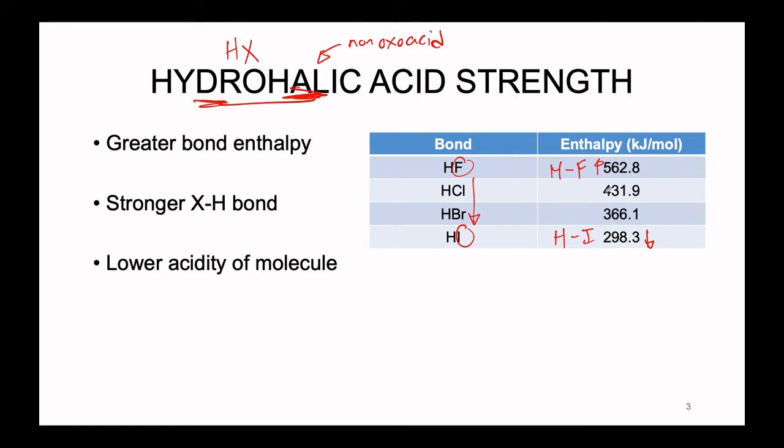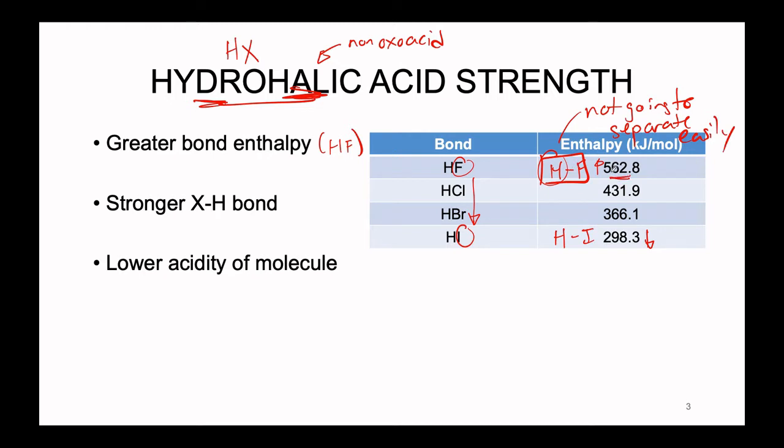So what this tells us about the acidic nature of the molecule is the greater the bond enthalpy we have, so like the HF case, the stronger the bond between the H and the F. What the strong bond between the H and the F means is that the hydrogen is not going to separate easily. It can separate if we put in enough energy, this much energy.